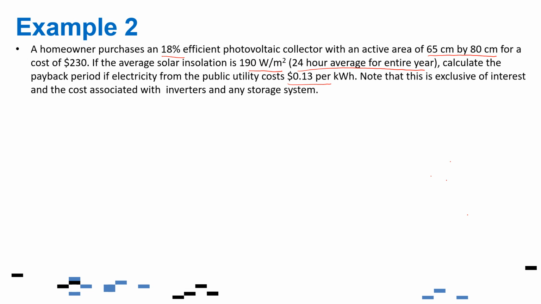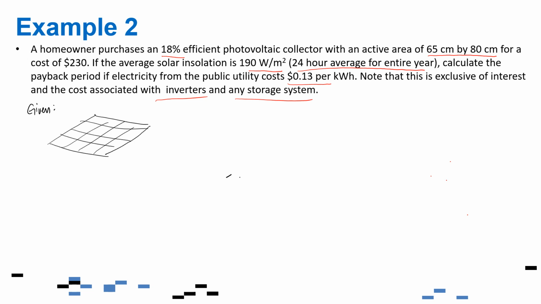Note that this is exclusive of interest and costs associated with inverters and any storage system. So let's start to list down first what are the given here. The given is a solar photovoltaic cell, which is composed of several cells.